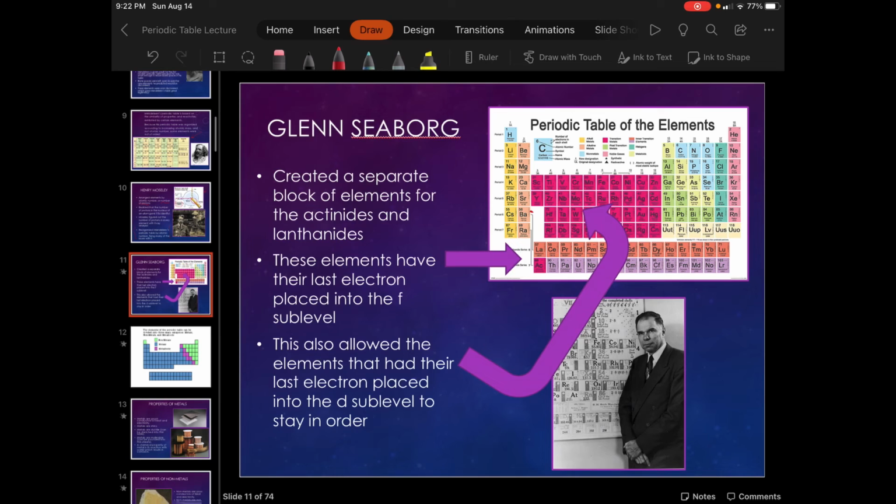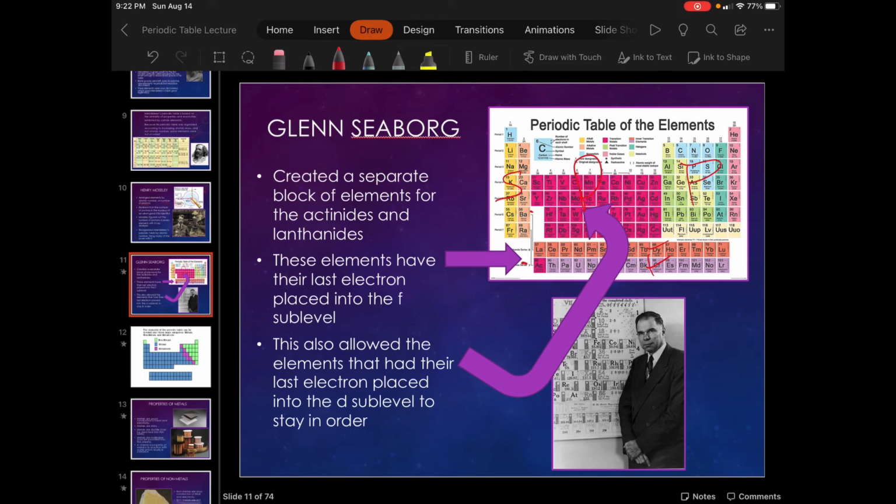So then you get to Seaborg. Seaborg's an interesting fellow because he took the lanthanides and the actinides out of the periodic table itself and created a separate block of elements. These elements have their last electron placed into the F sublevel. Let's just remember that. This is the S block, this is the P, this is the D block, and this is the F block.